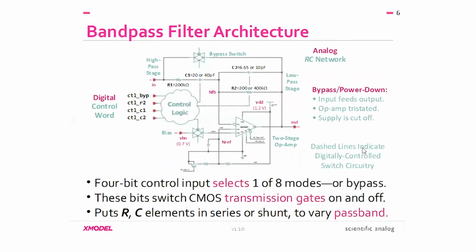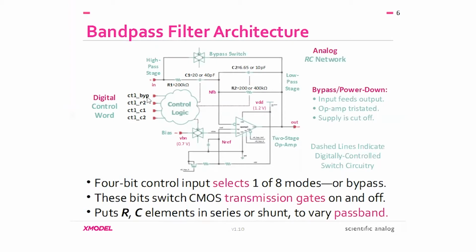This slide is a more intuitive view of the programmable bandpass filter. We can see the 4 control bits coming in from the left. The most significant bit controls the bypass state. If it's deasserted, then the filter is in normal operation, and the 3 lower order bits are used to switch resistors and capacitors into and out of shunt combinations, giving us the 8 different passband and gain modes.